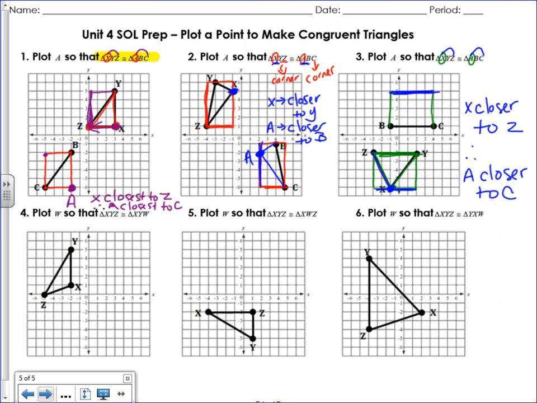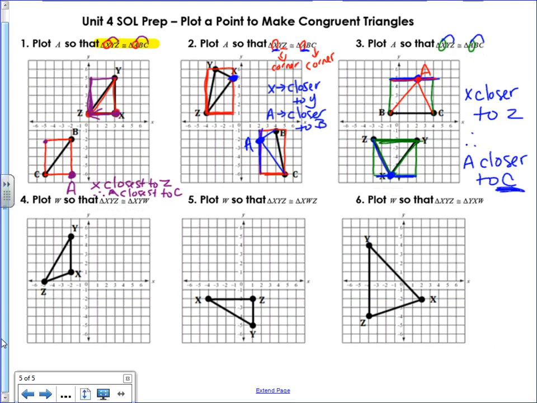So if I want to be closer to C, I have to be 2 away from that side. So 2 away from the corner above C and 3 away from the corner above B. So there is where A is for this one. So we're really just using the relationship of the letters and the relationship of the rectangles.